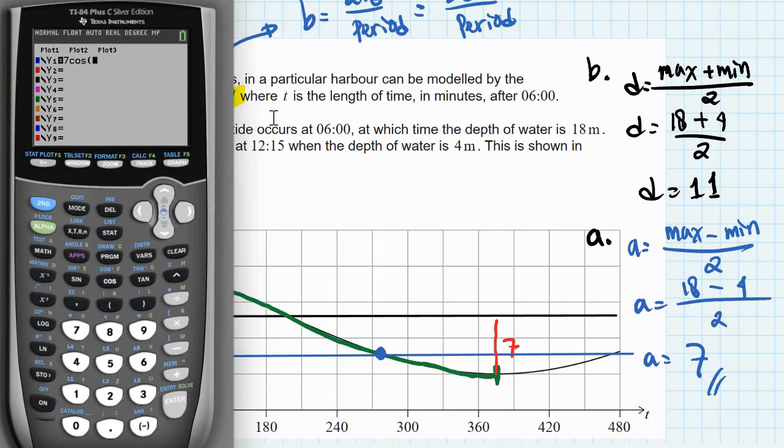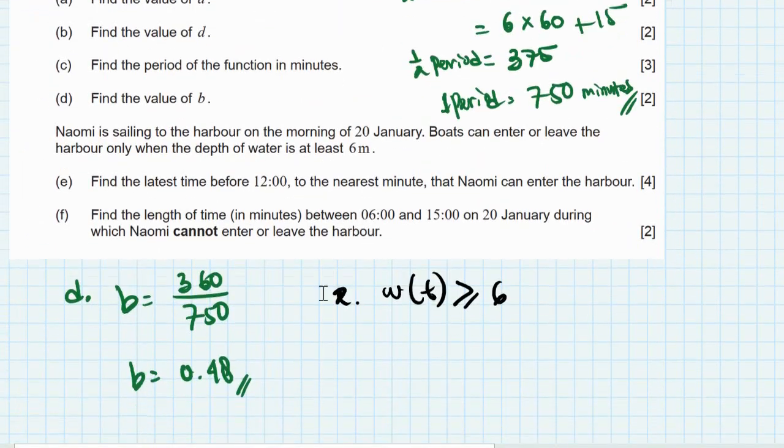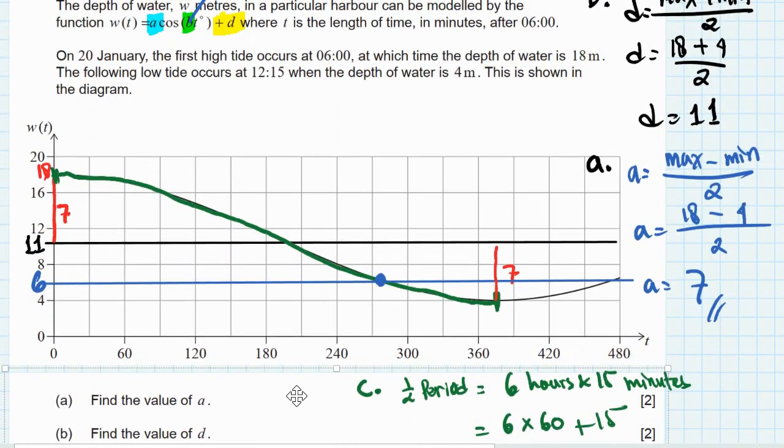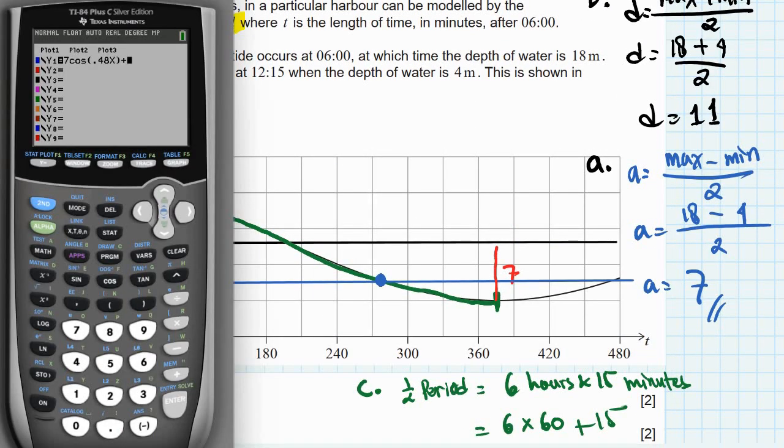What was the b? Sorry, I forgot. 0.48 times t, we don't have t, just input x, 0.48x plus d. What was d? D was 11, plus 11. Now we need to make sure it's in degree. Okay, that's correct, in degree.